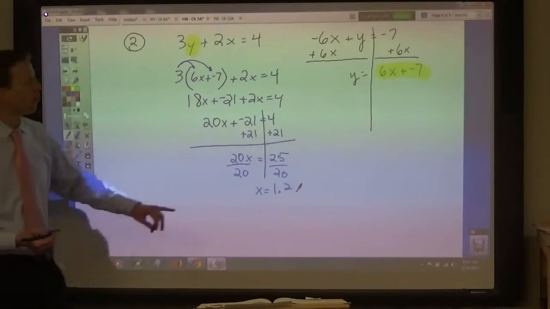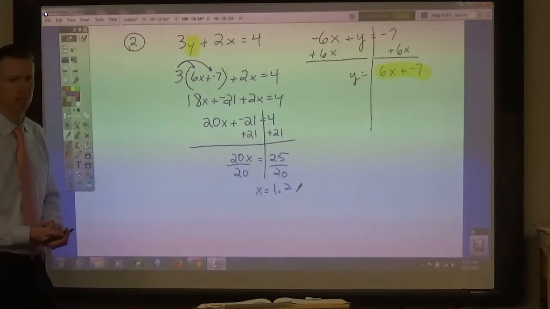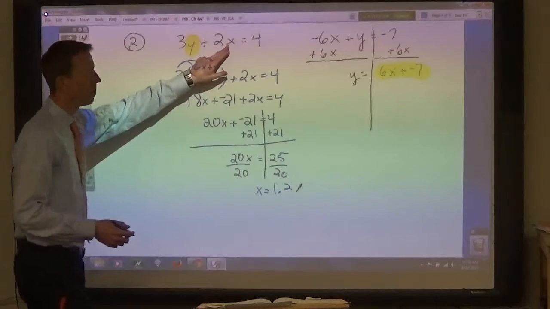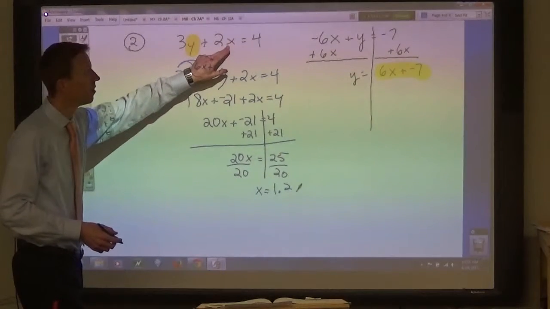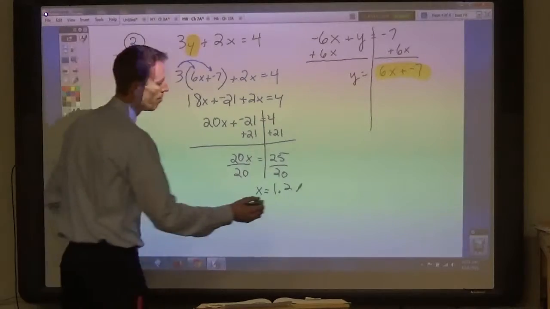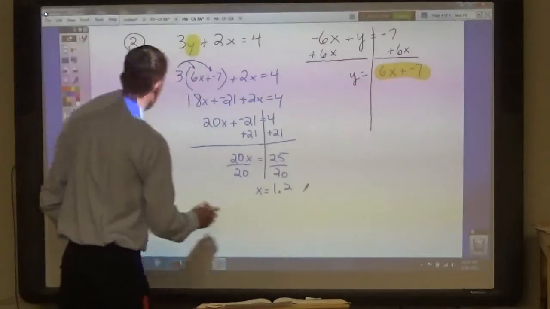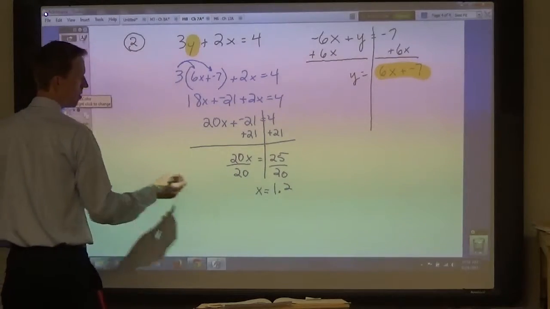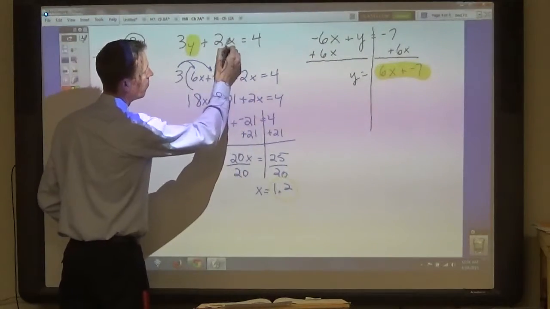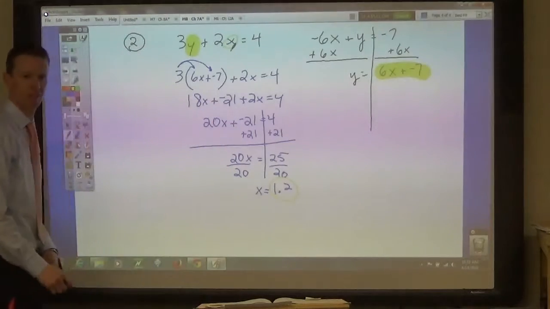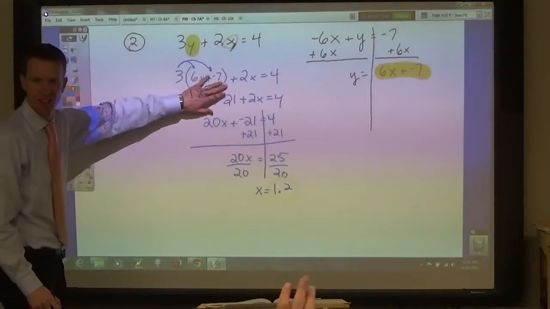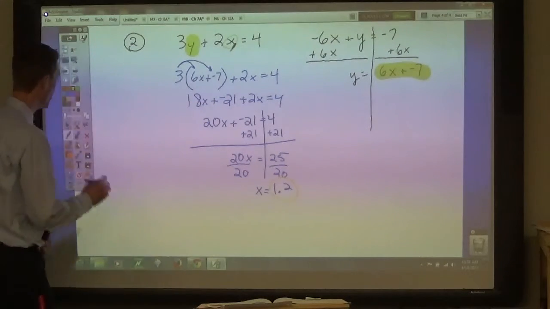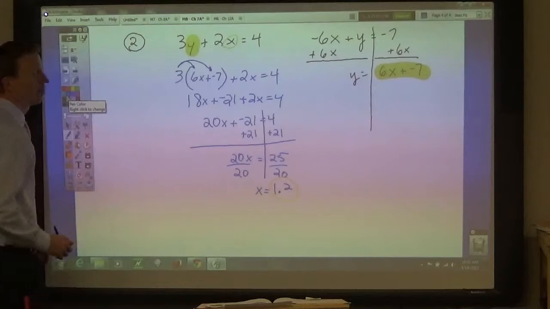And then put that in for x. So we could put it back in here. These are smaller numbers to work with. So now let's take the 1.2 and put it in for x, and leave the y, so now you can find the y value.